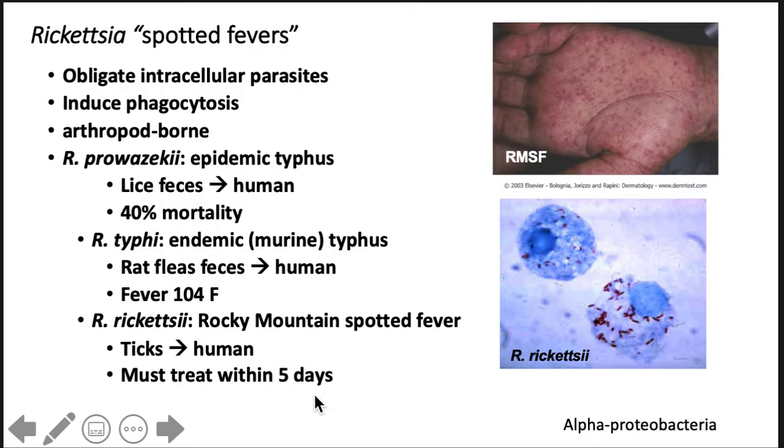treatment will not work. Okay, Rocky Mountain spotted fever is caused by the species Rickettsia rickettsii. Kind of fun to say. And that's shown here. All these dark red spots are the bacteria, okay?